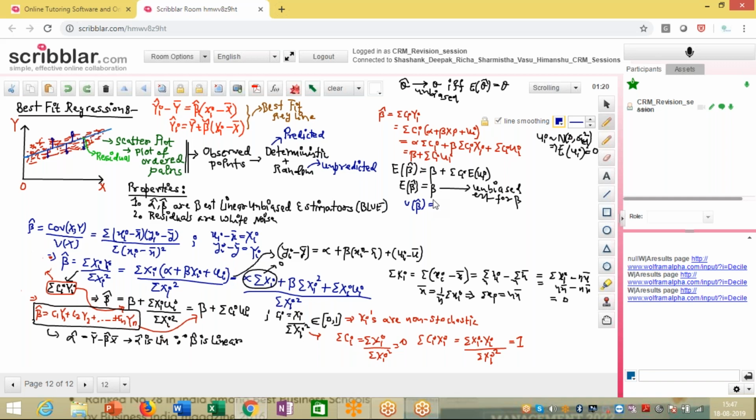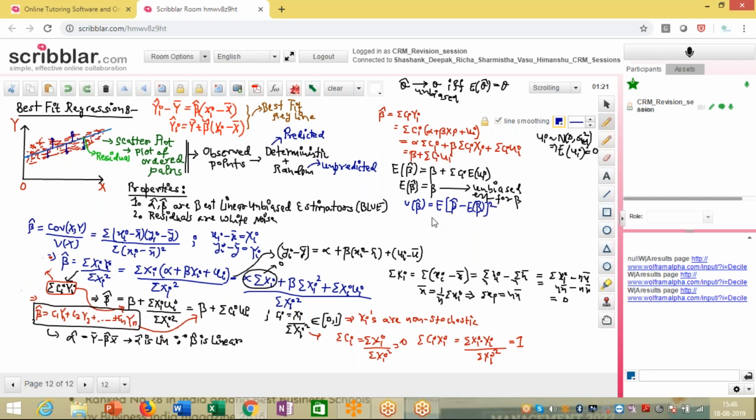Well, how do I define the variance of beta hat? It is nothing but the average dispersion of the values of beta hat from its expected value. So it is nothing but the sum squared deviation, or the average of the sum squared deviation.